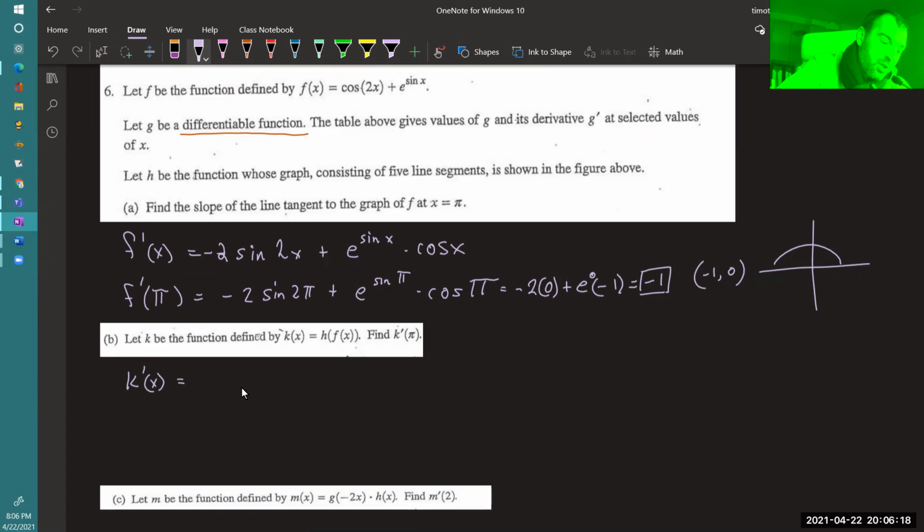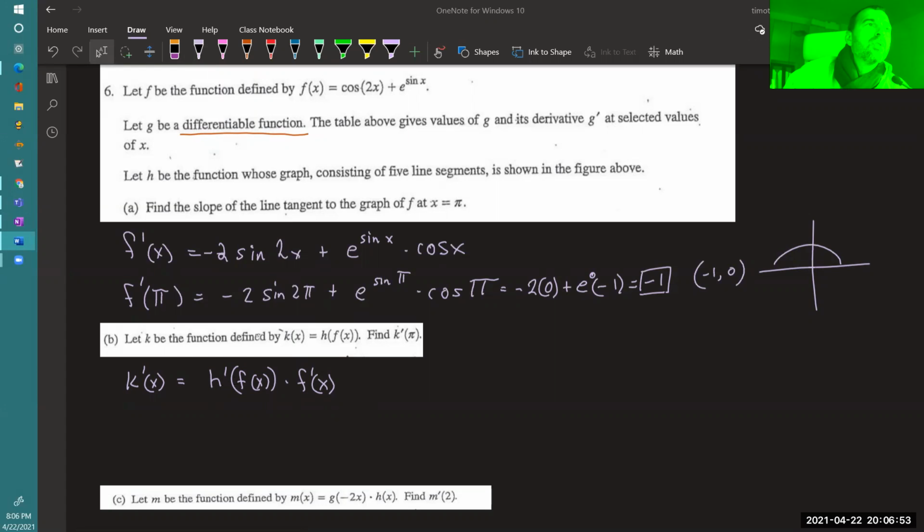It's going to require us to do an h prime of f of x times f prime of x. This is just your classic chain rule because you have a composition of two functions here. So h prime of f of x times f prime of x. All right. So that's what that one is. Let's move this stuff over here.